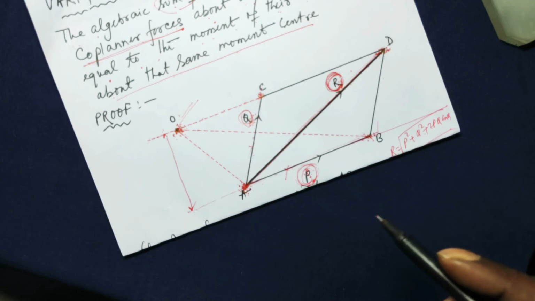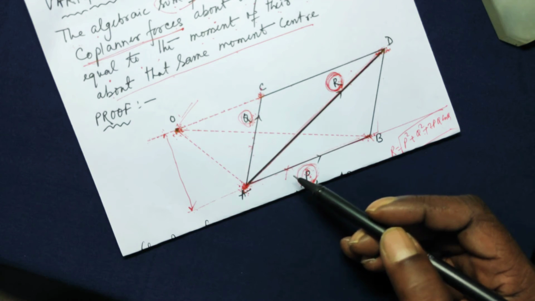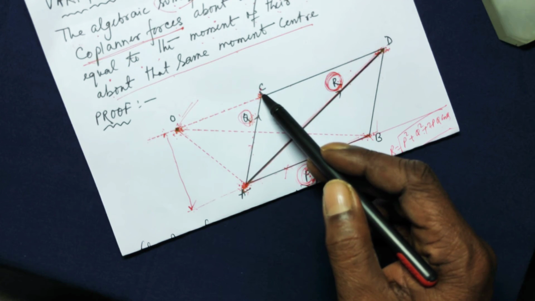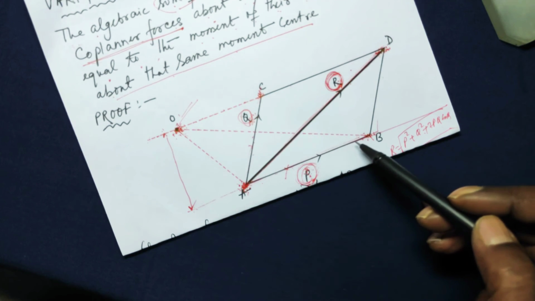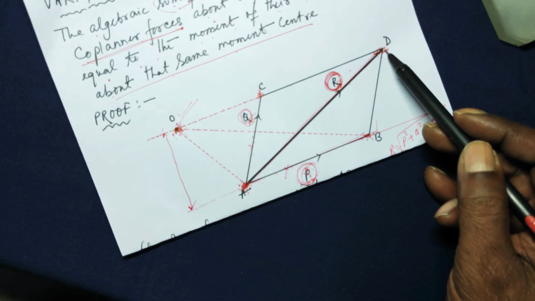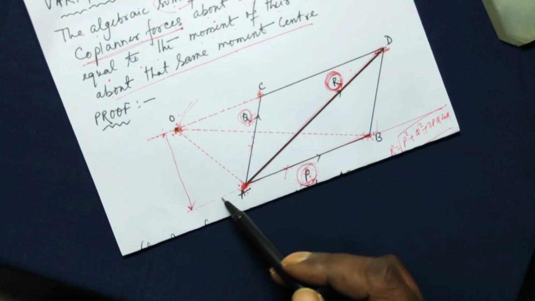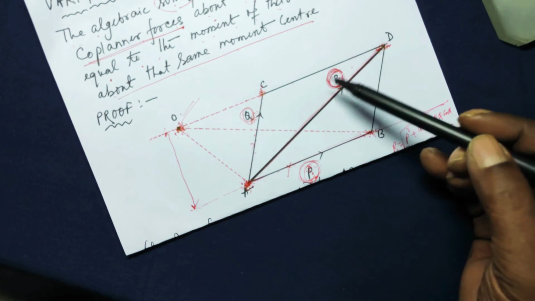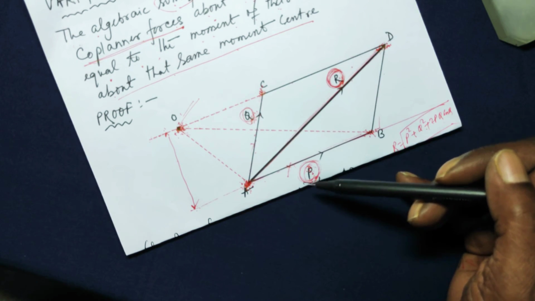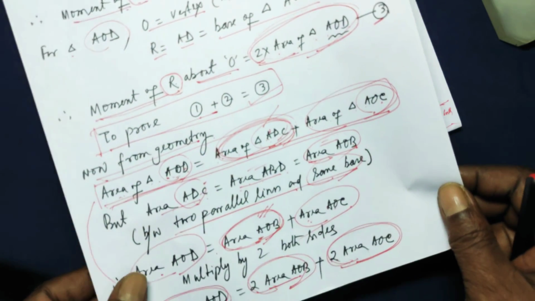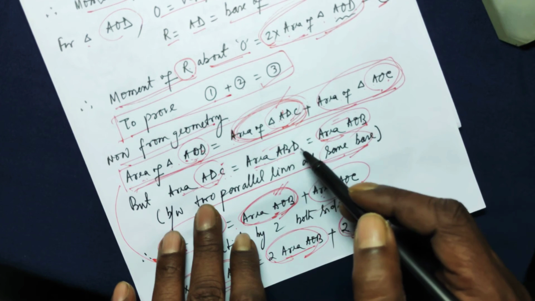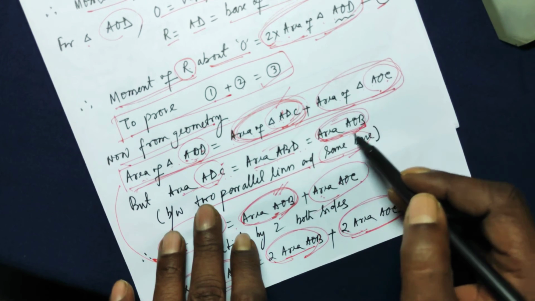But what is interesting is area ADC and area ABD, both areas lie between the same parallel lines, means the height for both the triangles are equal, so the areas will be equal. So that is what I am saying here. Area ADC will be equal to area AOB.